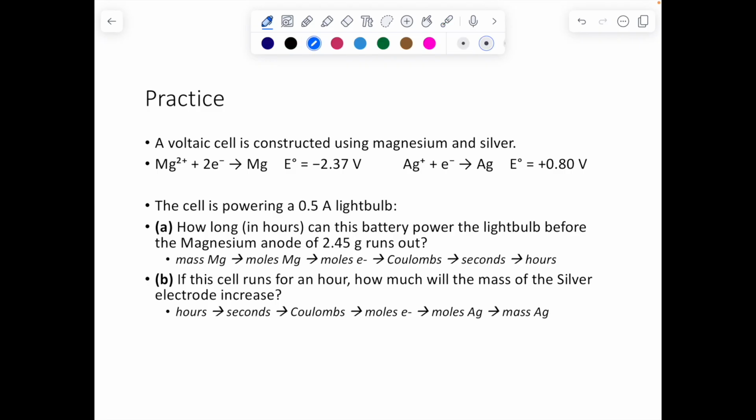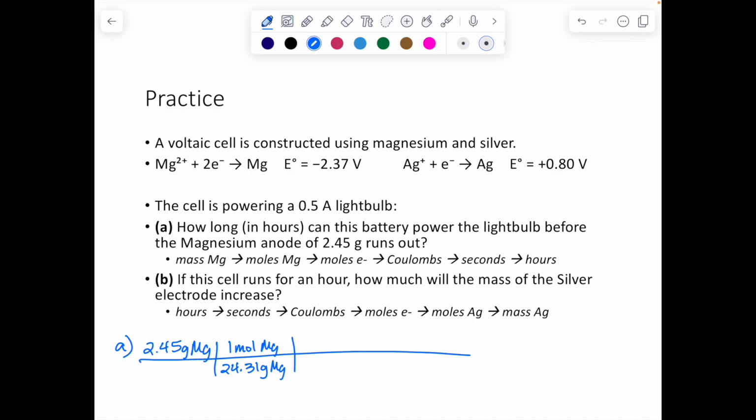So for problem A, we know the mass of the anode is 2.45 grams. And we know that that's magnesium. So we can go to moles of magnesium using the molar mass, which is 24.31 grams of magnesium per mole of magnesium.